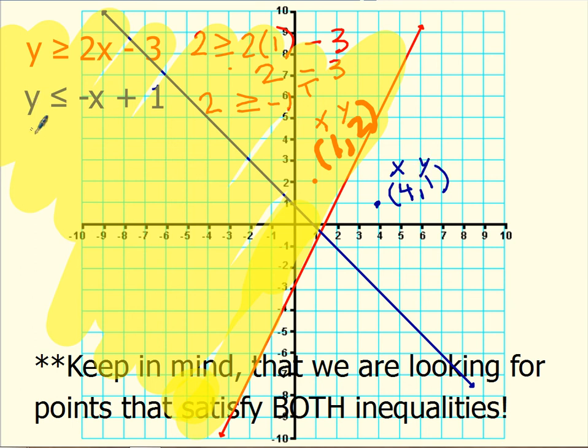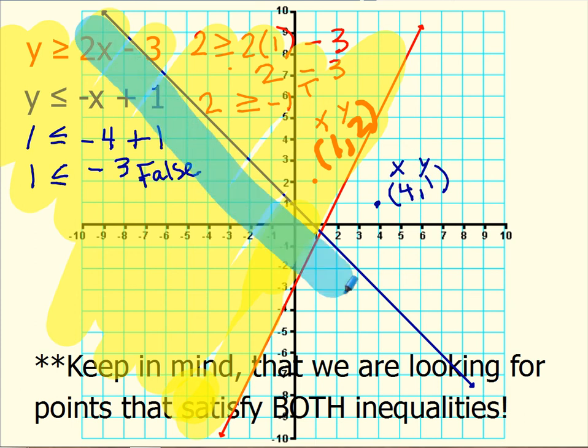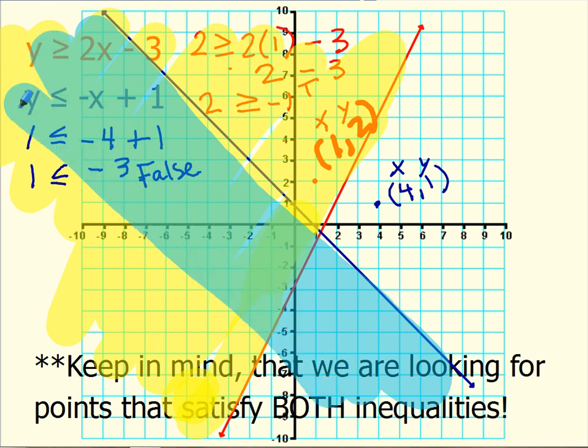In this inequality, y is 1, x is 4, -4 plus 1 is -3. Is 1 less than or equal to -3? Since this is false, that is definitely not true. That tells me that that is not the side of the line I want to shade. I want to shade the opposite side of that line. So my solutions are all over here.